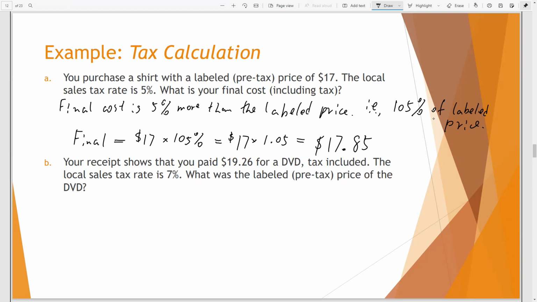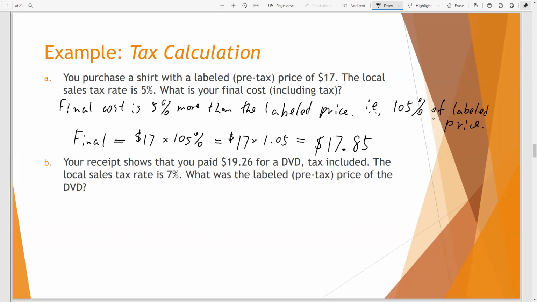And backwards, right, your receipt shows that you paid $19.26 for a DVD, tax included. The local tax rate is 7%. So what's the labeled price, right? You can try to do the question in the same logic, pause the video and try to do it.